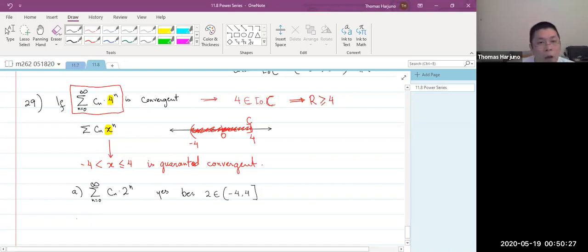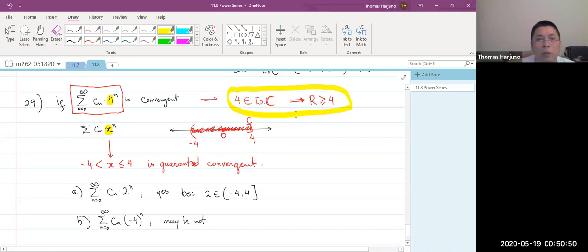Okay, now how about at -4 for part B? The answer will be maybe not. Because from what we have here, we only know that the radius of convergence is at least 4, such that the interval of convergence we know will be from -4 to 4 only.